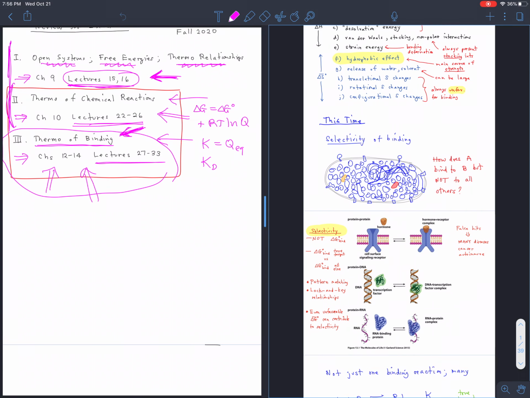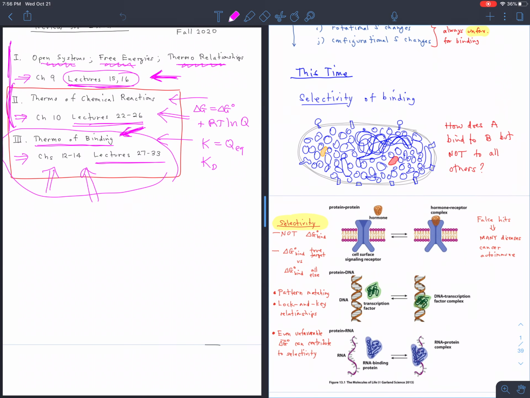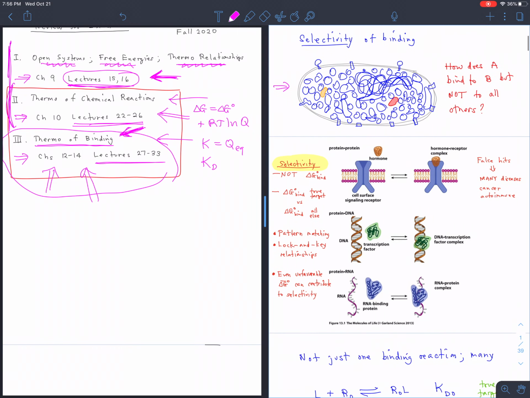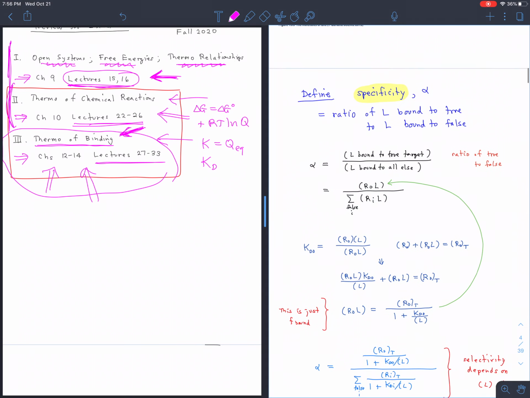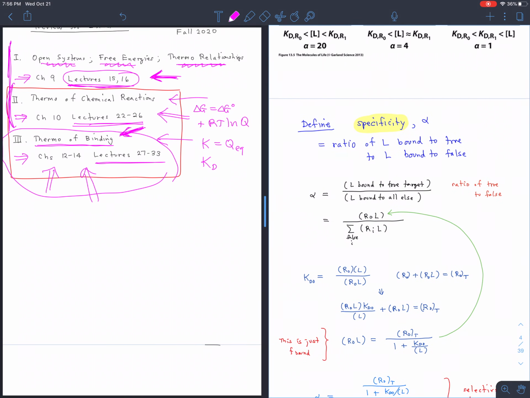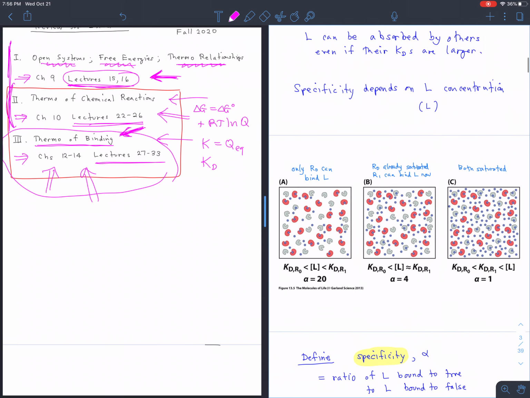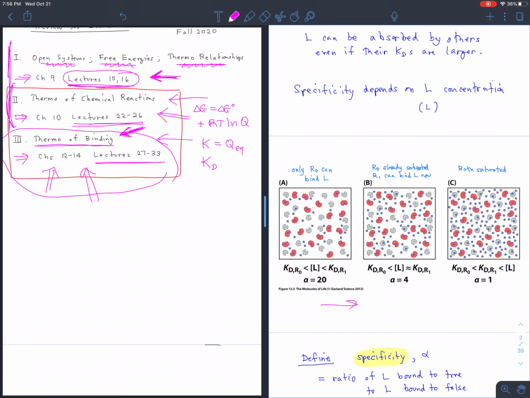So everything I just said is right. First of all, specificity is important, of course. You don't want everything binding to everything. You want things to bind only to the things that matter. And remember, the big thing about specificity, it isn't obvious at first, but it depends on how concentrated your ligand is. If you put enough ligand in, you lose all specificity.